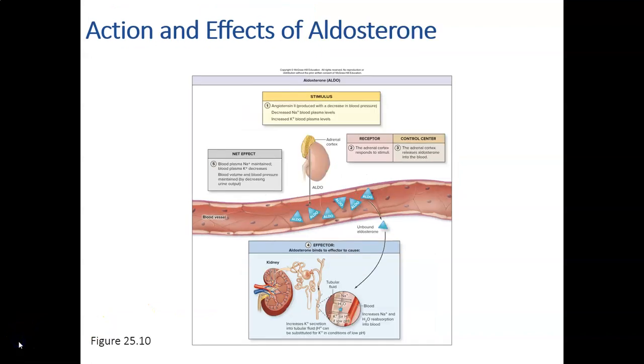So for aldosterone, you can see the effect of aldosterone is more limited than the other two we talked about. It doesn't work on the thirst center. It doesn't work on the systemic blood vessels, but it works on the principal cells of the distal tubule and collecting ducts, right?